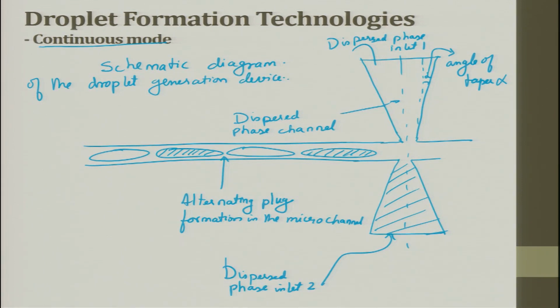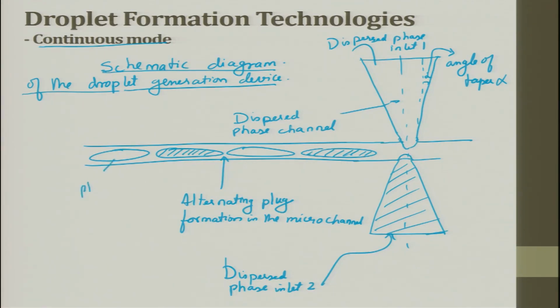This is a schematic diagram of the droplet generating device. So, you have a dispersing phase inlet 1 and a dispersing phase inlet 2, right. These two phases try to eject, so you can see alternation of the dispersion phase.